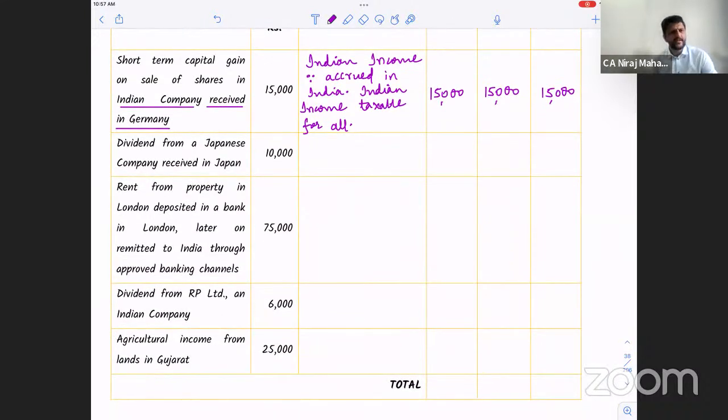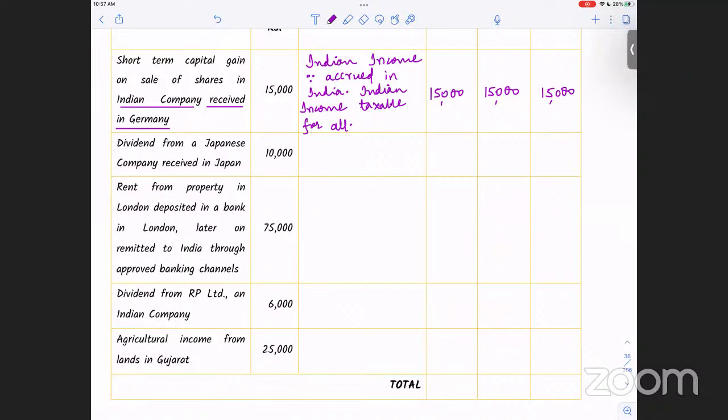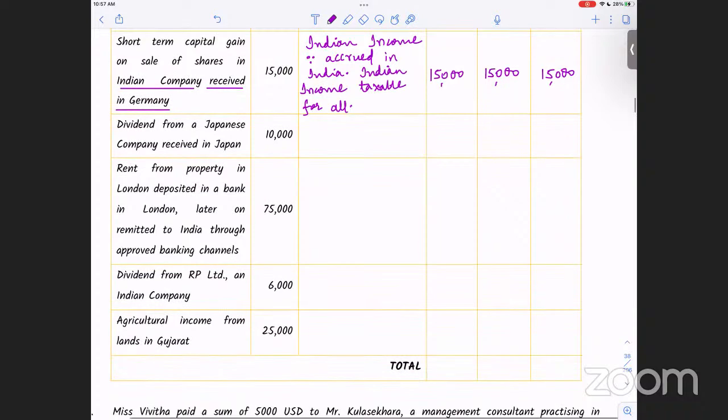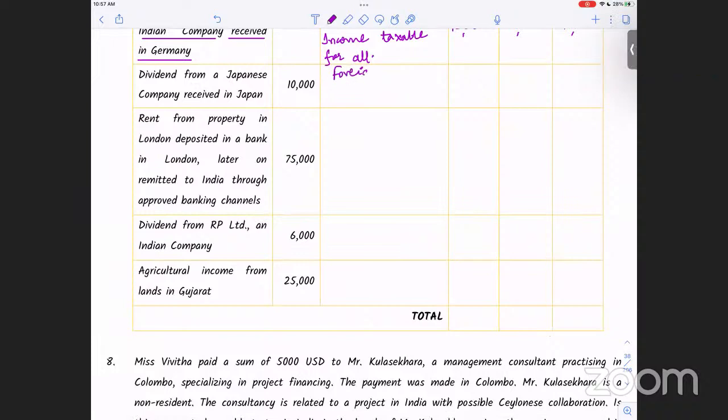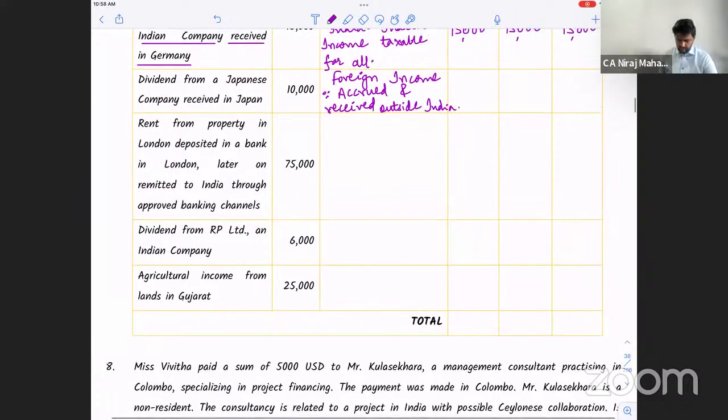Dividend from a Japanese company received in Japan. You may be staying in the USA, you have invested in a Japanese company and you have a bank account in Japan, so you got the dividend in Japan. Foreign income. Why? Accrued and received outside India, both.